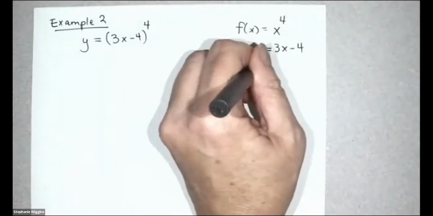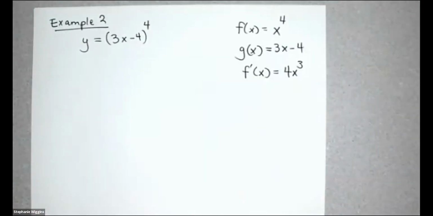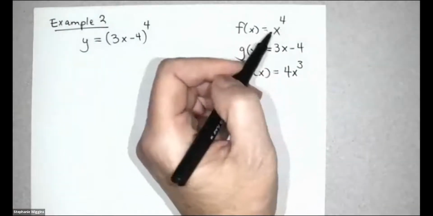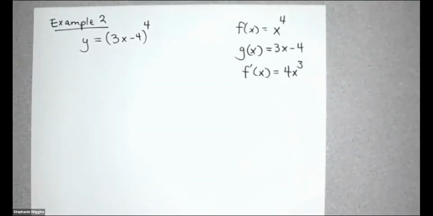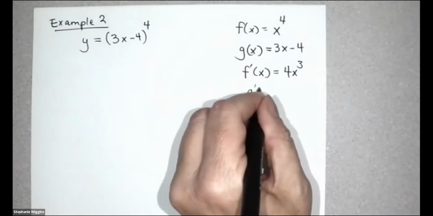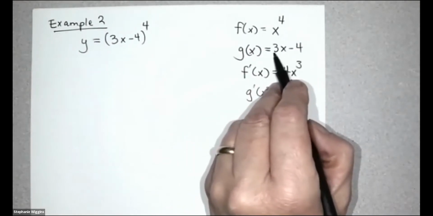And the derivative of f is just 4x cubed, applying the power rule, right? I take 4 out front, subtract 1 from 4, that gives me the cube. And then g prime of x is simply 3, because this is a linear function and the slope is 3.